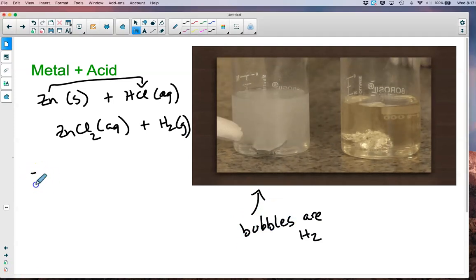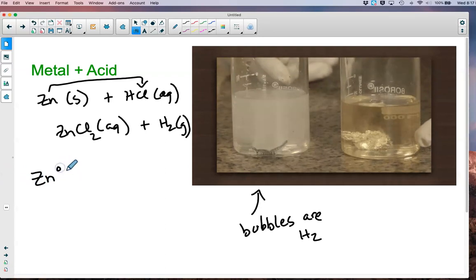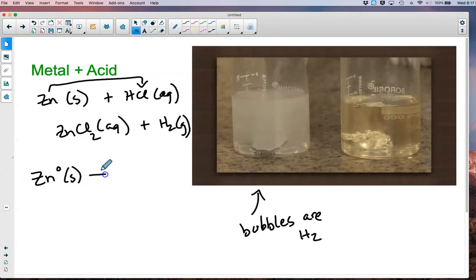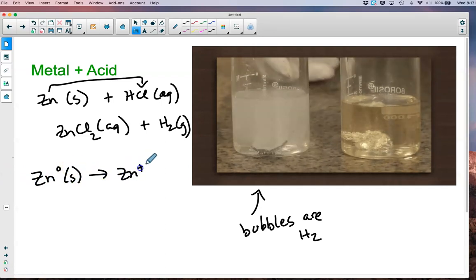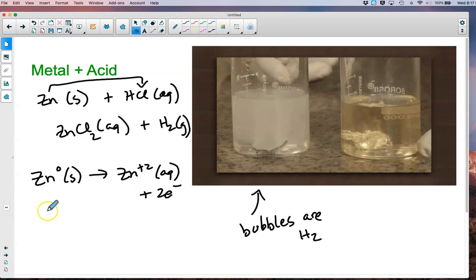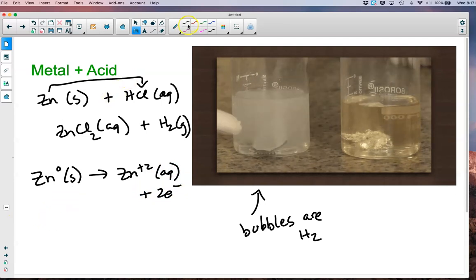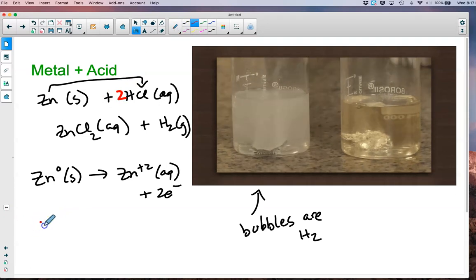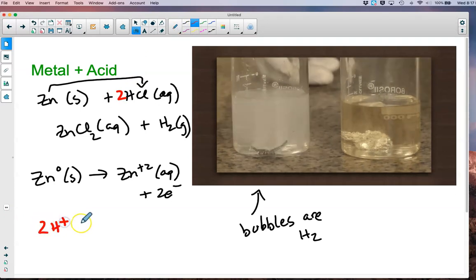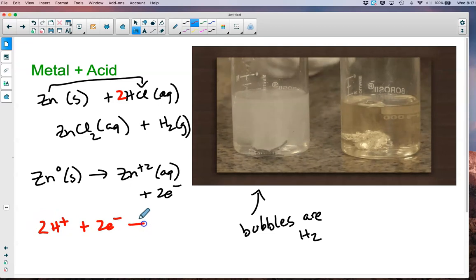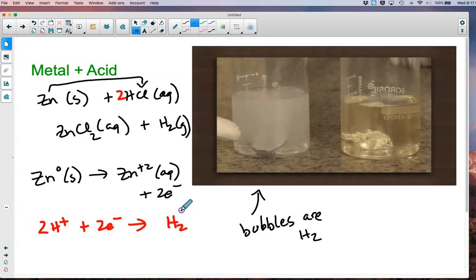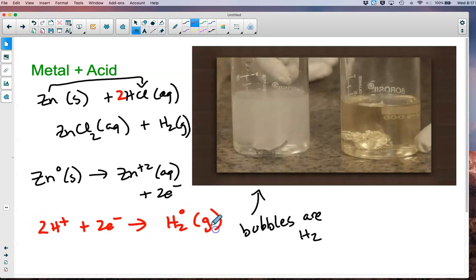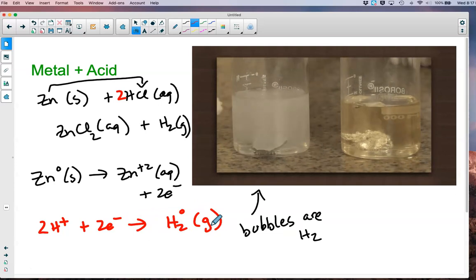Again, our zinc started out as elemental zinc, which is zinc 0, and it's become an ion. It lost 2 electrons, and then the hydrogen, and there would be 2 of them if I balance, the hydrogen is going from H+, it's picking up 2 electrons to become the element, which has a 0 oxidation state.